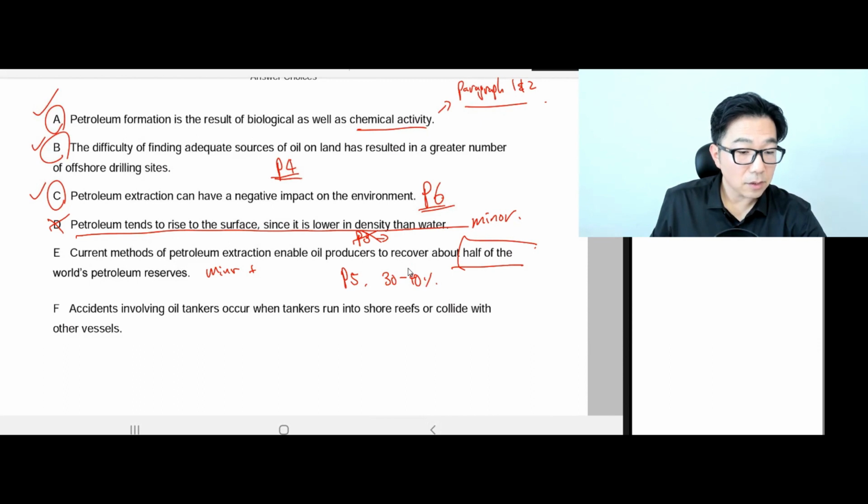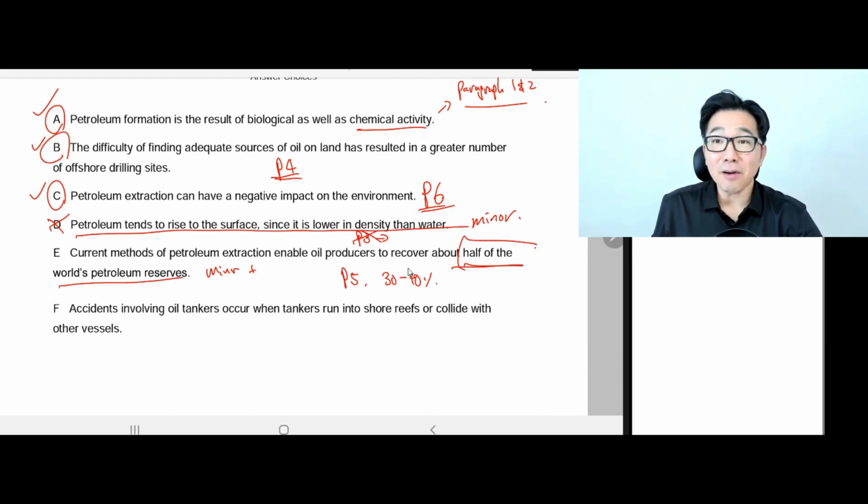So paragraph 5 talks about the factors you have to consider before deciding to drill under the ground or under the ocean or not. That's the main idea, and the details are supporting that idea. So it's a minor detail, even if you thought this was the right answer. So it's like a thank-you answer choice. It's minor detail, plus it's actually wrong. So E is out. F.